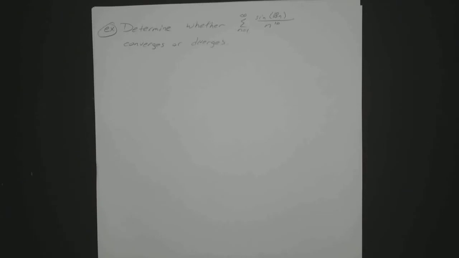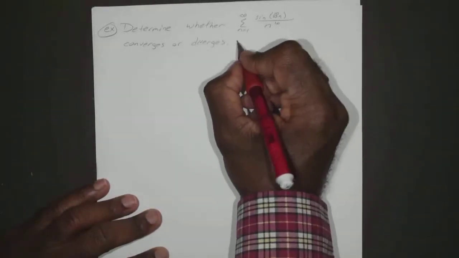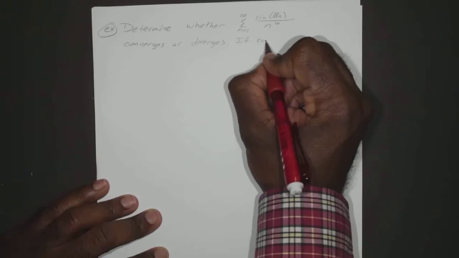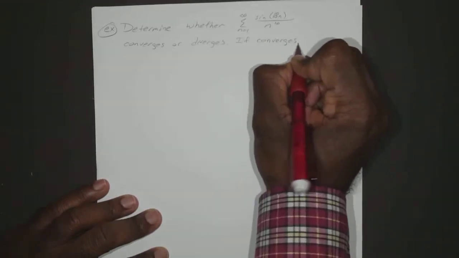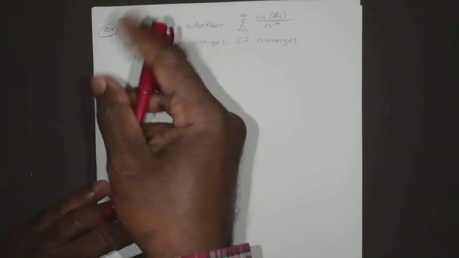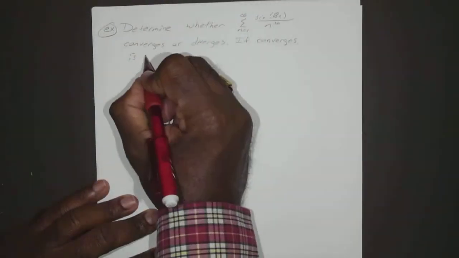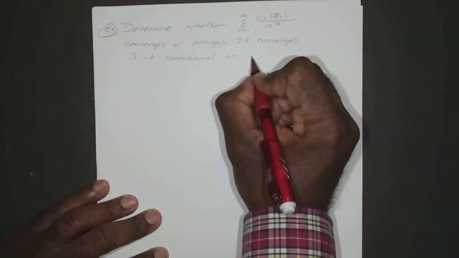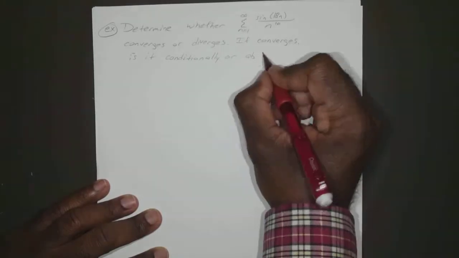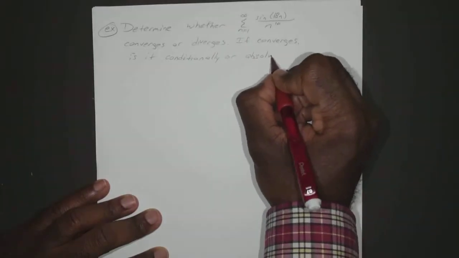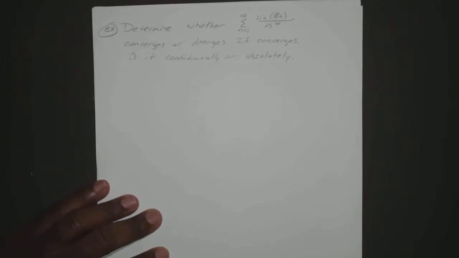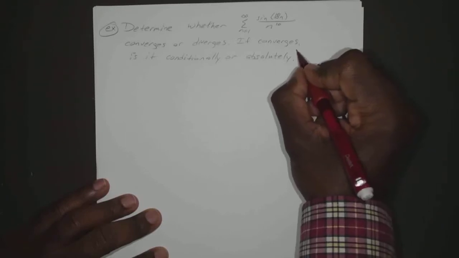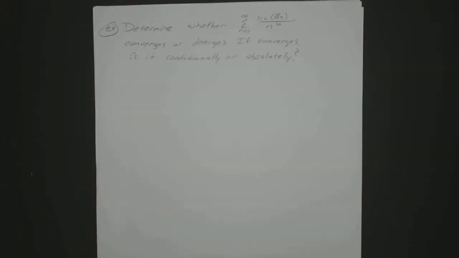And if it converges, what type of converging does it do? Conditionally or absolutely? Yep, sine of 18n. Let me clean that up a little bit. There we go.